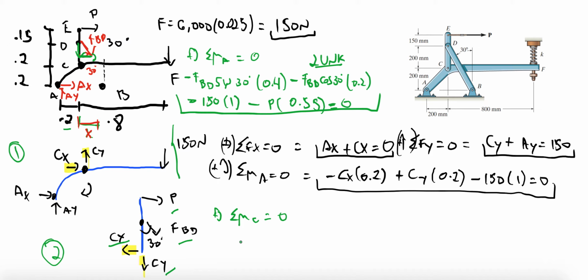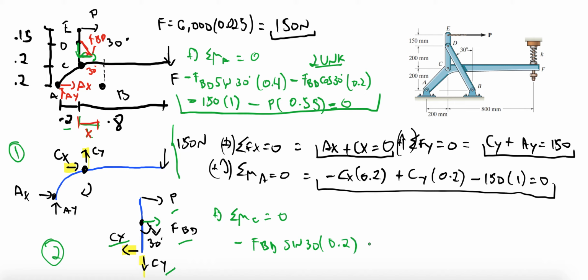So let's do that. So if we do that, the x component of FBD is the only one causing a moment about C because it's the only one that has a perpendicular distance to point C. And that is trying to rotate us negative, so clockwise, so minus FBD, and this one was also sine of 30, and the distance is 0.2.